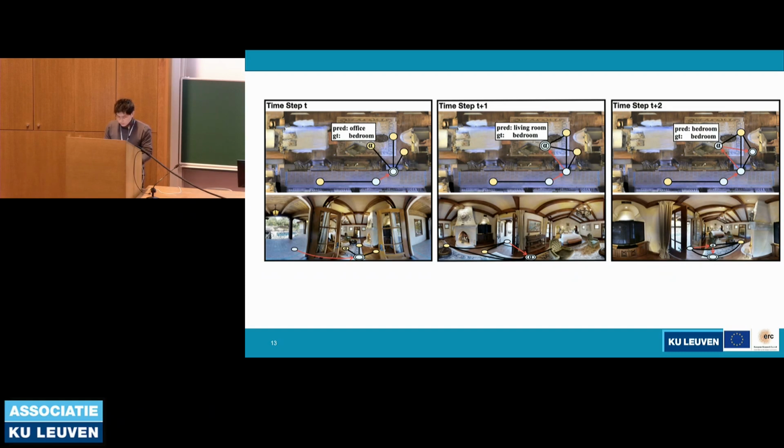When it takes one more step, it changes the prediction to living room. And when it takes another step, it changes it to bedroom. Then this is a correct prediction. So this experiment shows that when our model has more information about the environment, it can better predict the room types.